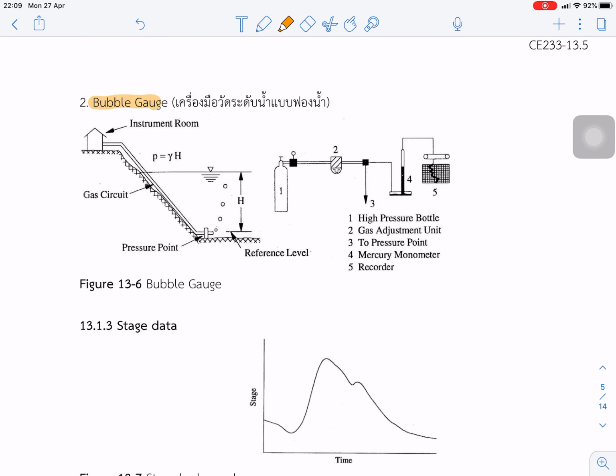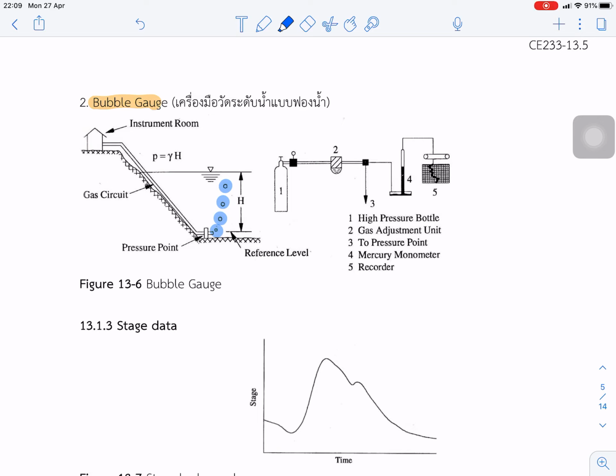There's a small pump to pump air through a pipe at the bottom of the stream, and from the bubbles from the pipe we can convert back to the depth of water, because a higher depth means high pressure.